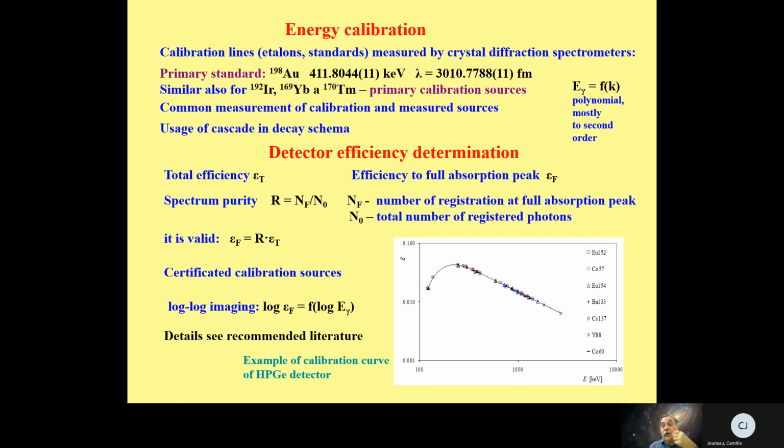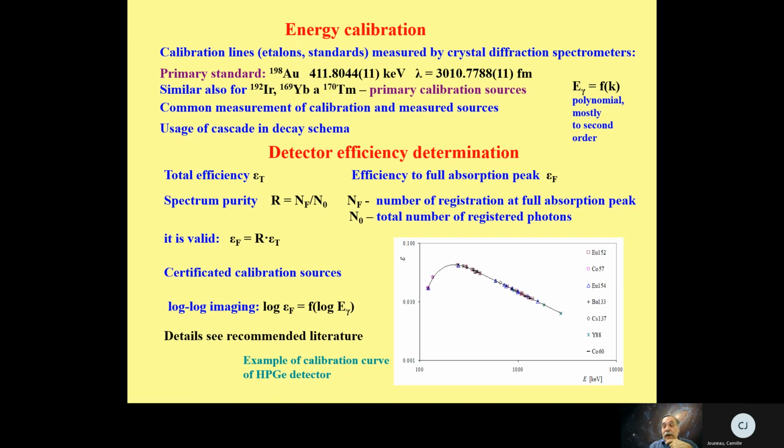And as usual, as calibration sources are used europium 152, for example, cobalt 60, yttrium 88, cesium 137, and europium 154, cobalt 57. In this case, for example, these are radionuclides with one gamma line.